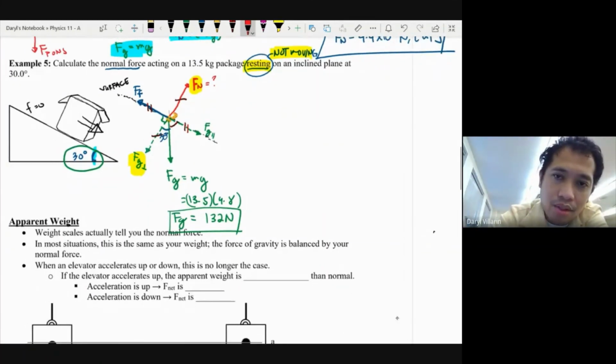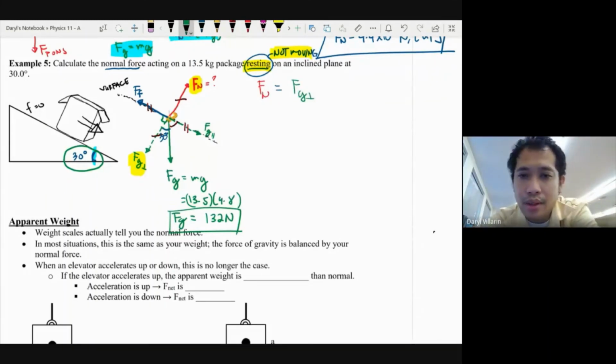The magnitude of the normal force is equivalent to the perpendicular component of the weight.